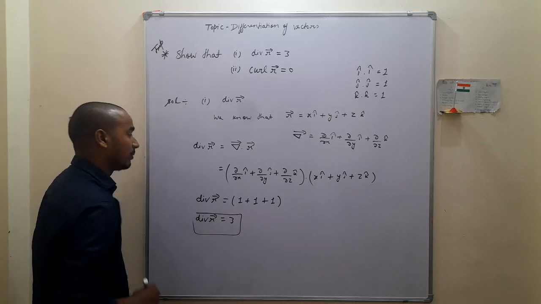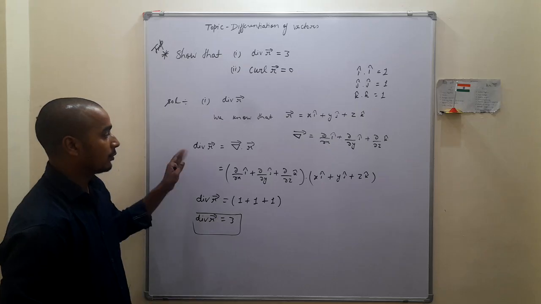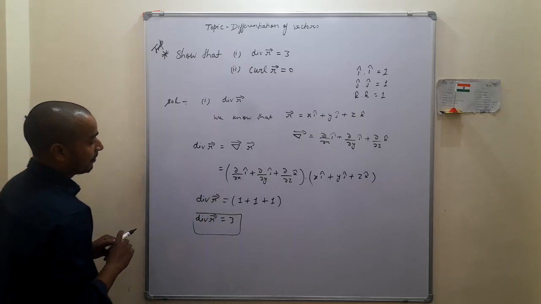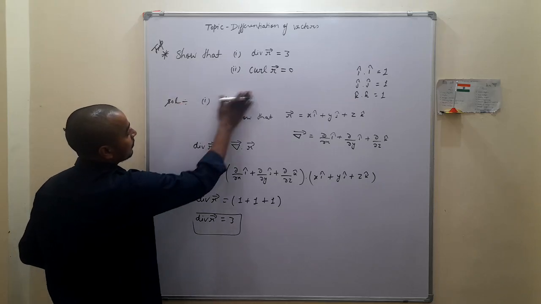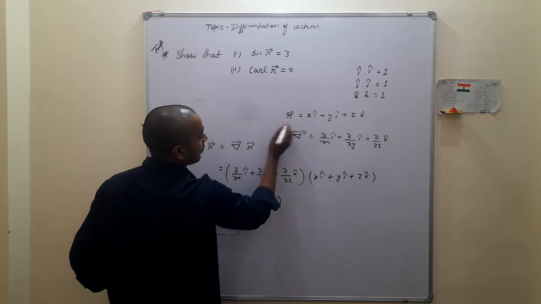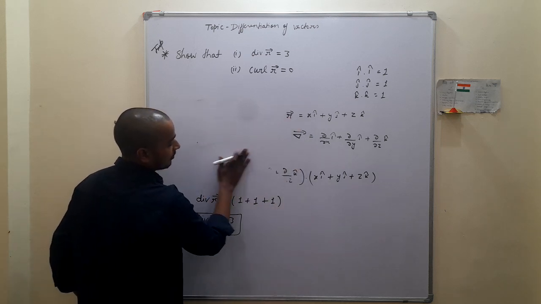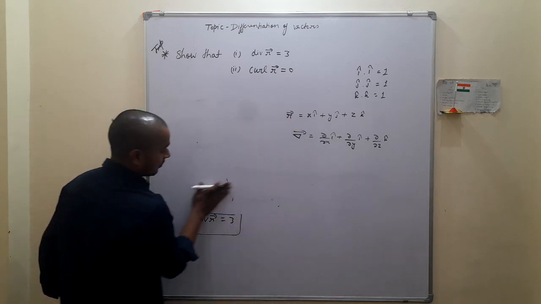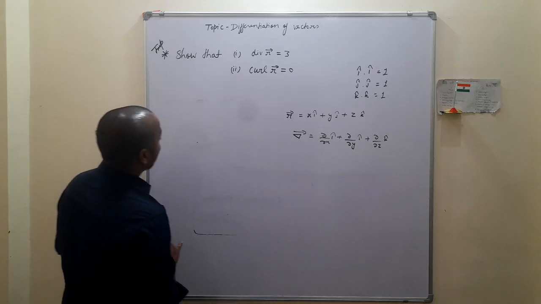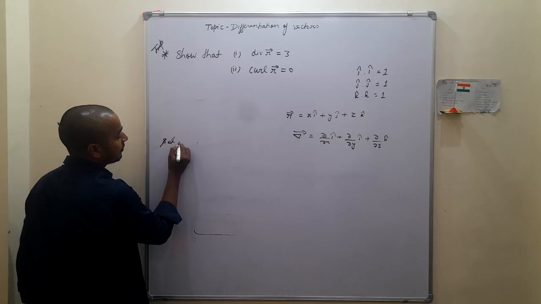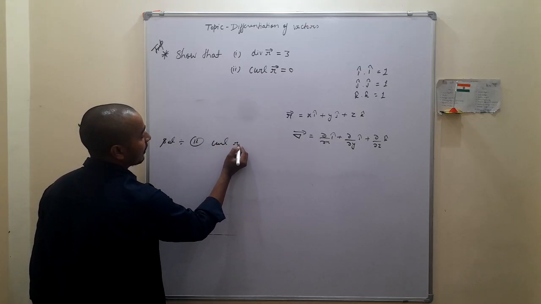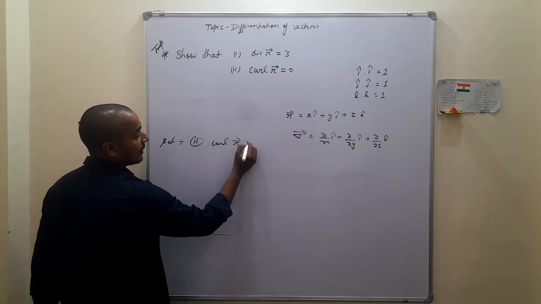This is the required solution of problem 1. Now we have to solve the second problem. We have to find the curl of R, and the curl of R is 0.